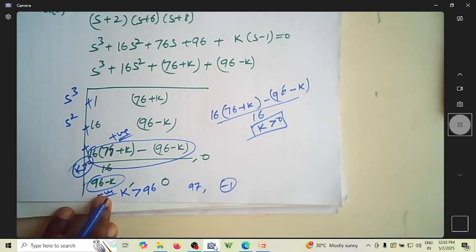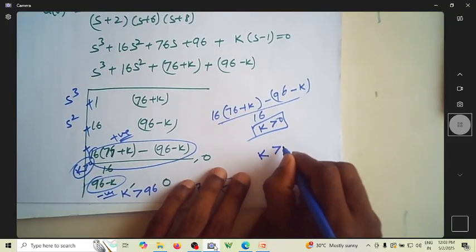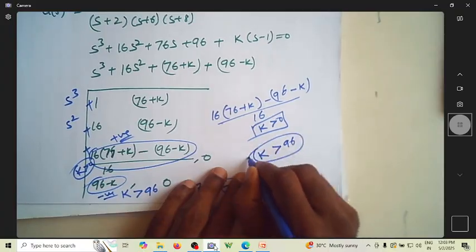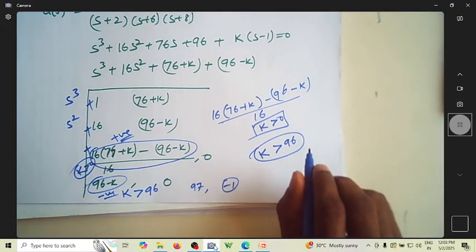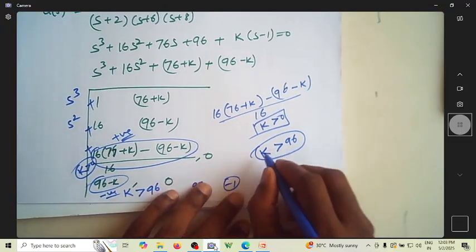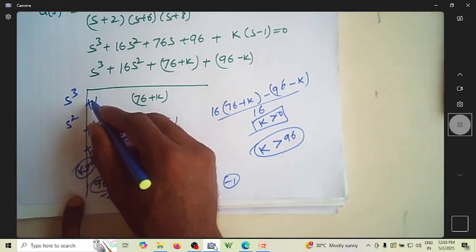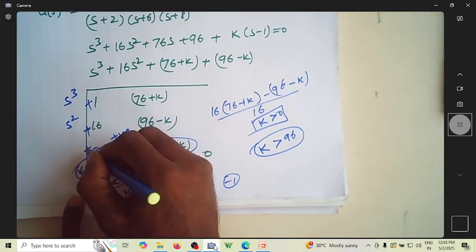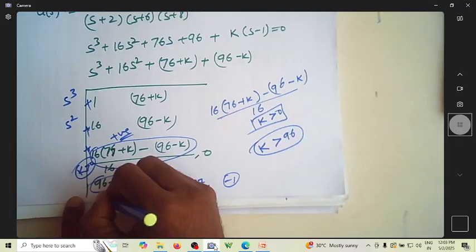So one sign change. So if the value of k is greater than 96, then what is the system? Now it's only one pole. You can see how many sign changes there are: plus to plus, plus to plus, plus to minus here.